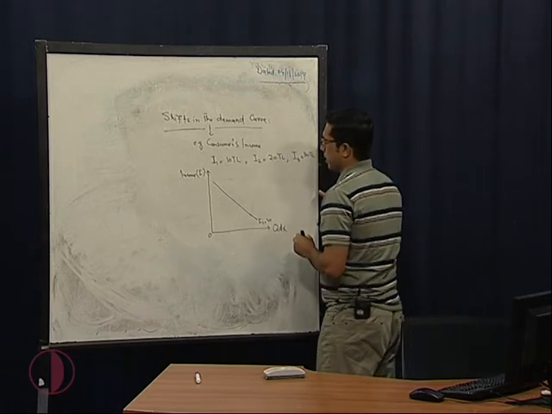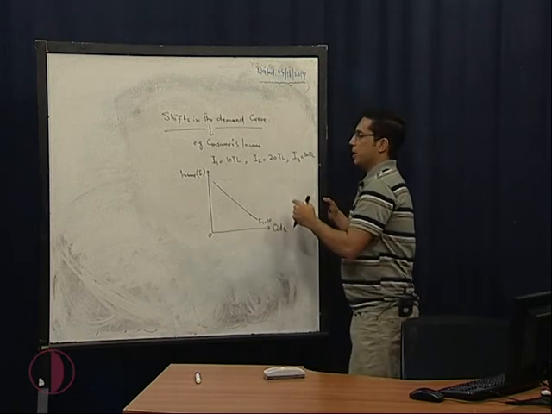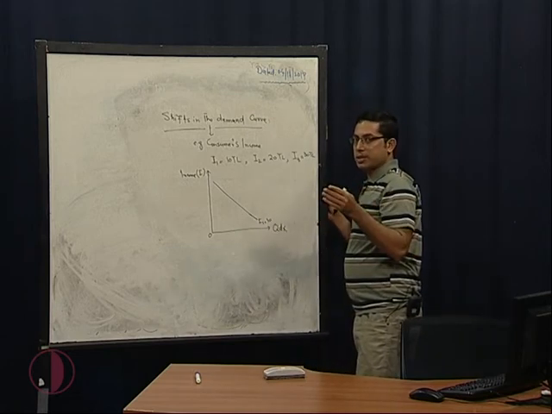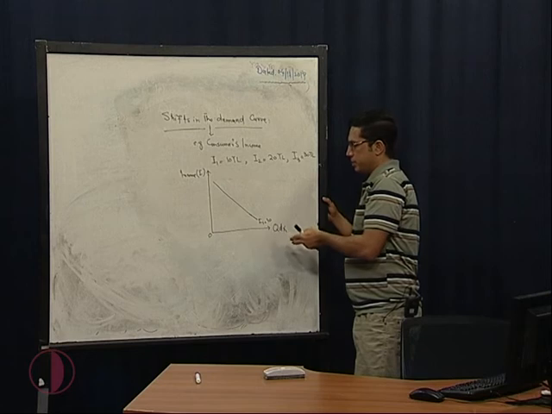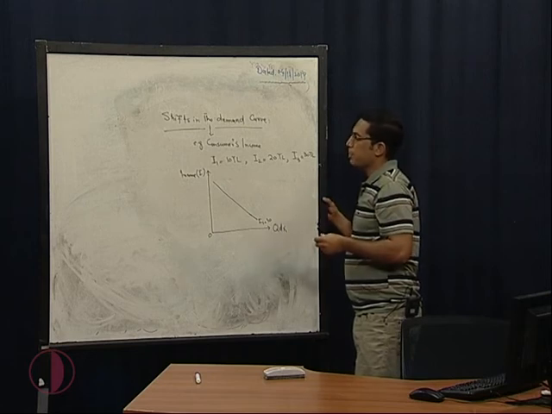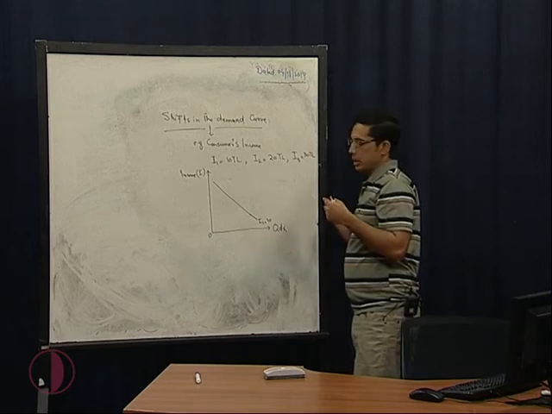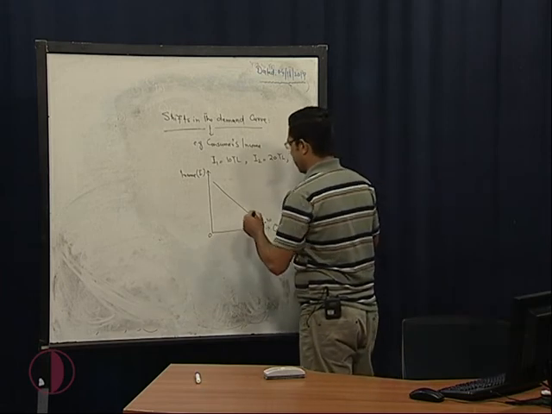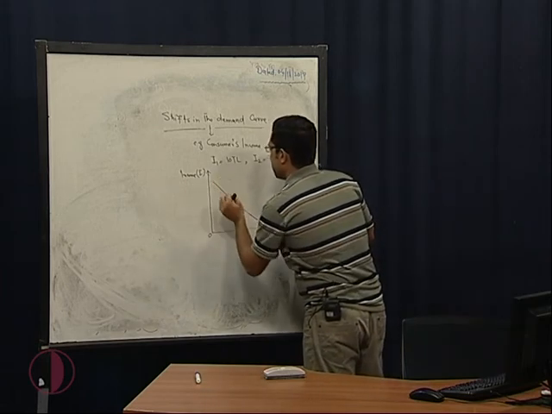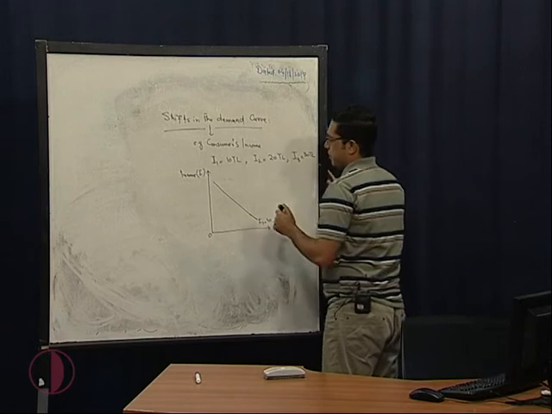If income of the consumer increases, it means that the consumer will buy more units of that particular commodity. So the curve will shift to the rightward.